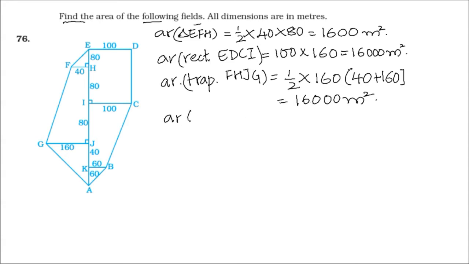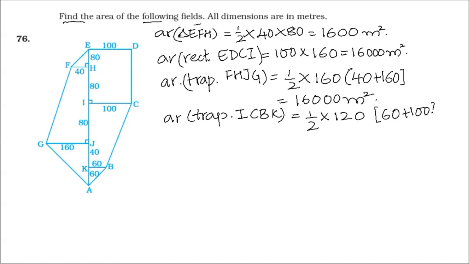Now we can find the area of another trapezium, ICBK. The area of this trapezium is half multiplied by the height, 40 added to 80, which is 120, multiplied by the sum of the parallel sides, 60 plus 100.